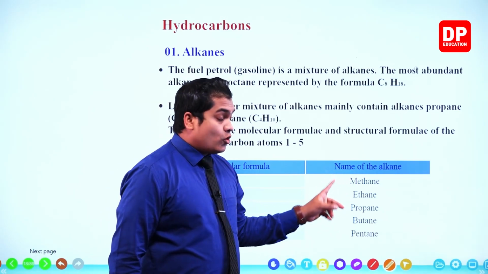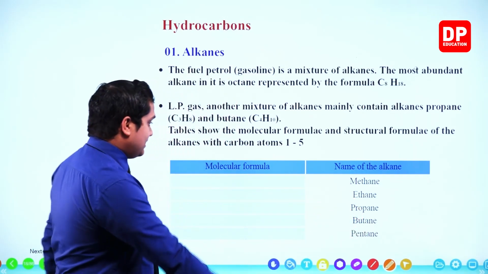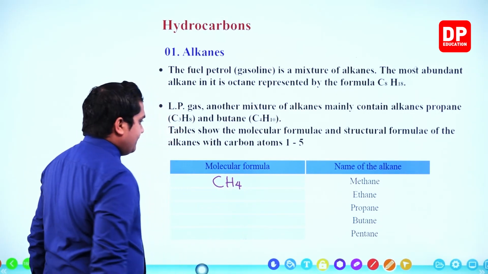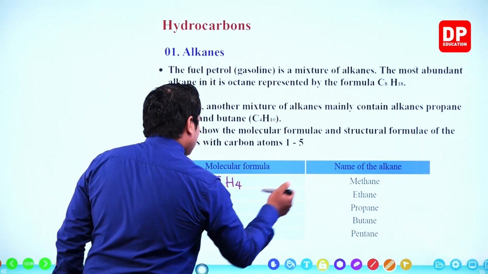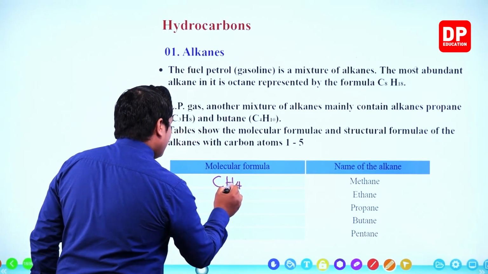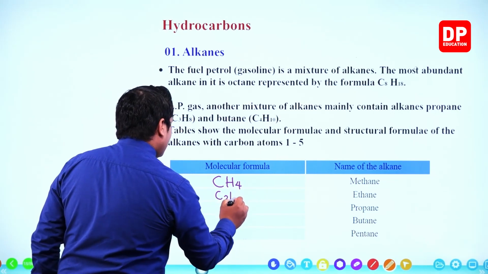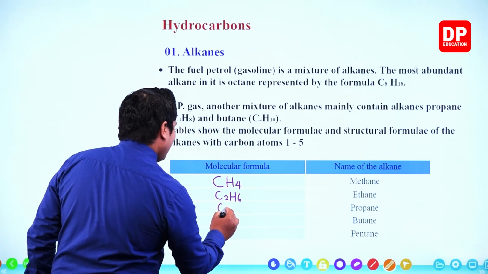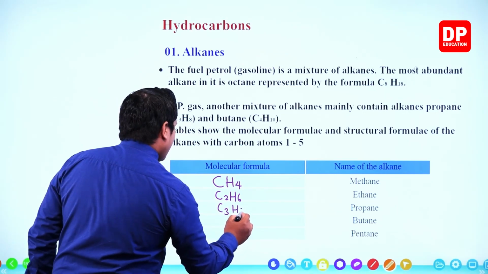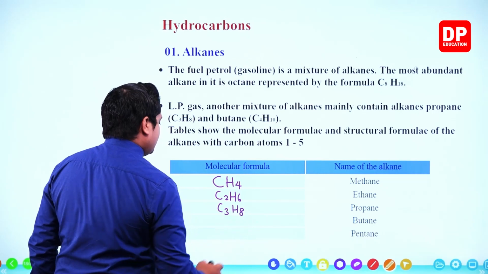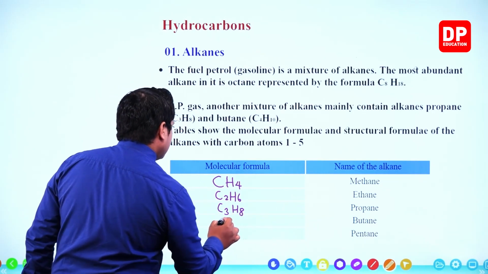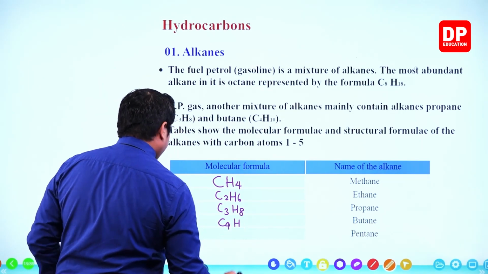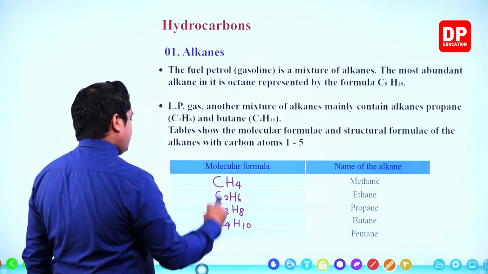So methane is CH4. Ethane C2, can you remember? Then 2 more than that amount, H6. Propane, third one, C3, 6 plus 2, 8, H8. Butane, C4, H10. 2 more than the previous amount, okay?